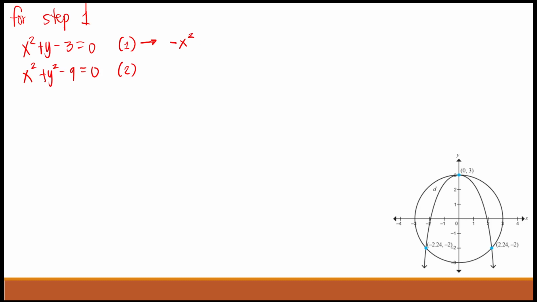Basta you want to eliminate one of the variables, that is the aim. So, ikaw yung masusunod kung ano yung imumultiply mo. Okay, it is up to you what you are going to multiply, but it is very obvious that you multiply negative 1, because your aim is to eliminate one of the variables. For step 1, you multiply something so that one of the variables has equal coefficients but opposite in sign.